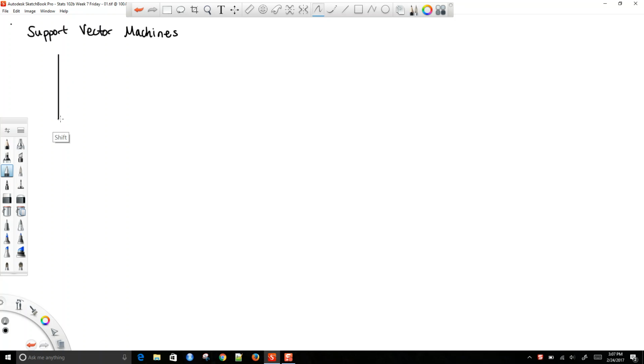And we said, if you've got some dots over here, and then another class of dots over here, our goal is to find a boundary such that the margin is maximized.